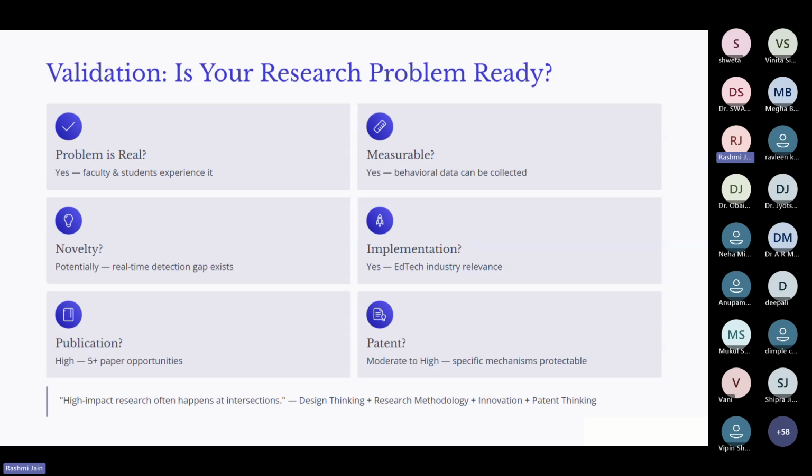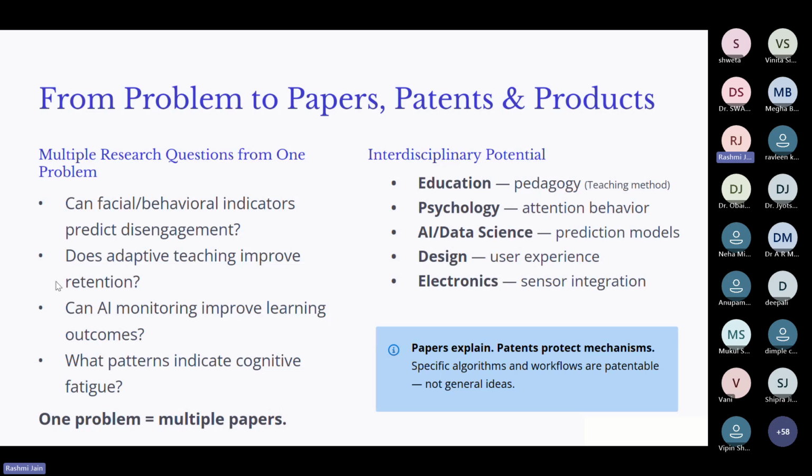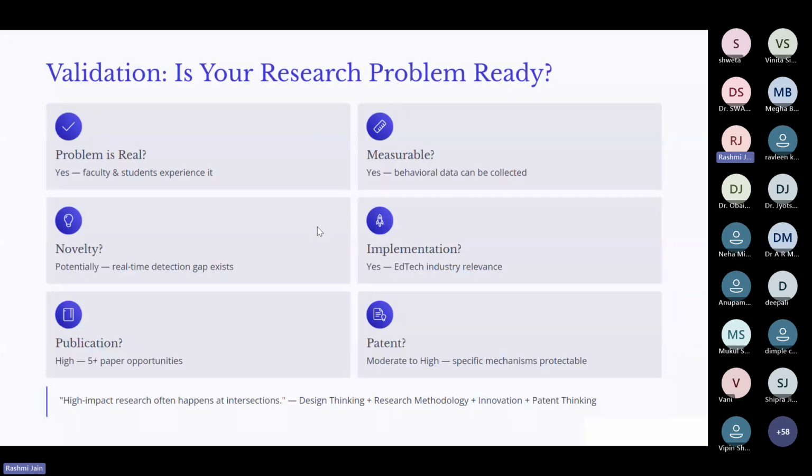Implementation, yeah, if you're able to, let's say, for example, identify some AI monitoring tool or some sort of facial behavioral analytics, then of course you have the implementation opportunity. So edtech industry relevance it has. Publication, we just discussed, you will have 5+ paper opportunities.